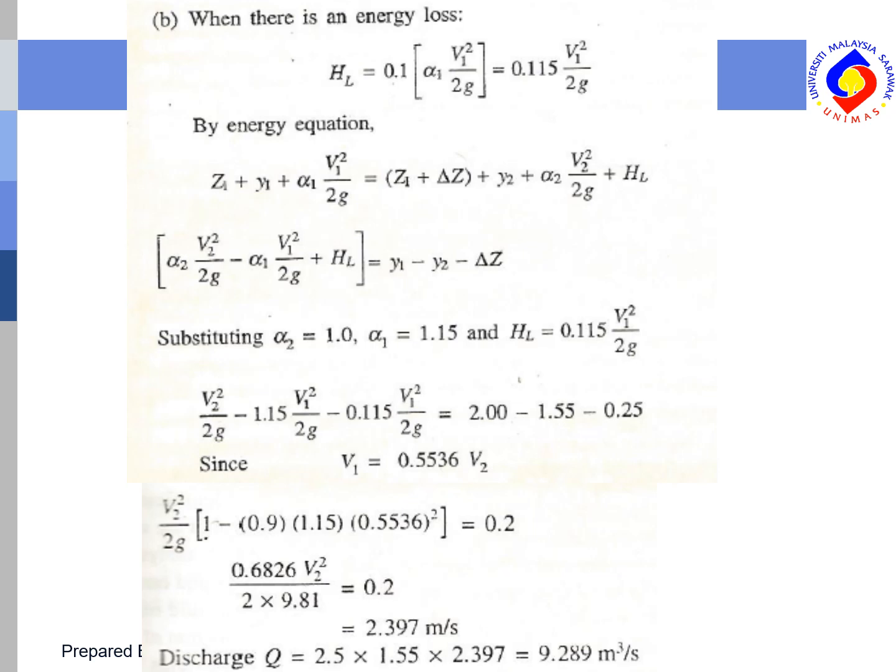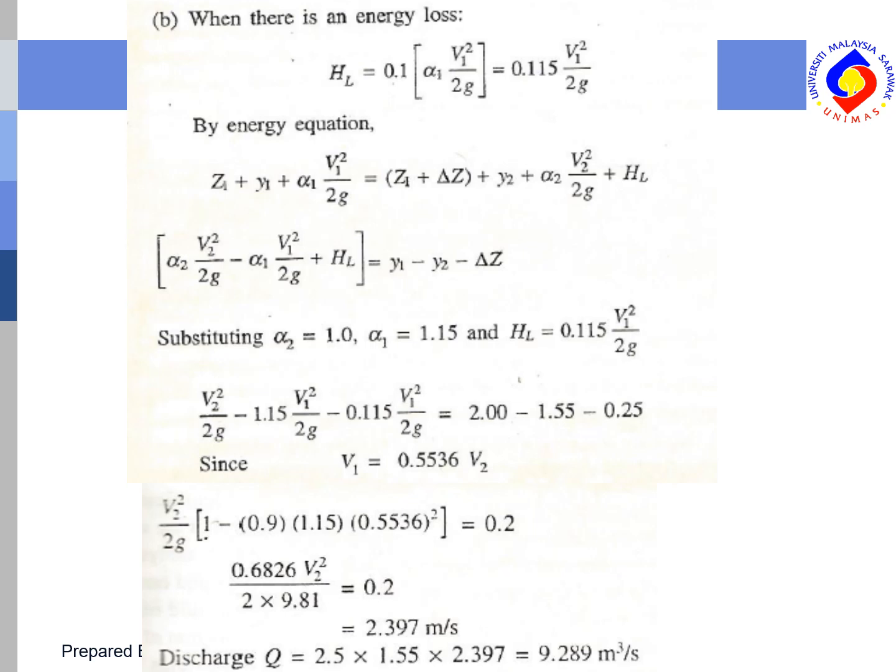Then, by applying the energy equation between the two sections, but this time you need to add the energy loss HL on the right-hand side. This will give you Z1 plus Y1 plus alpha 1 V1 squared over 2G equal to Z1 plus delta Z plus Y2 plus alpha 2 V2 squared over 2G plus HL.